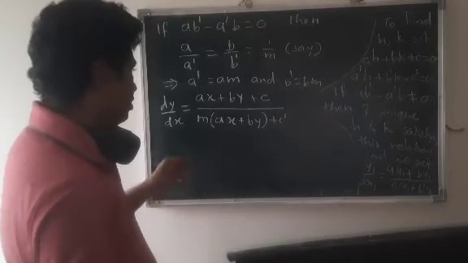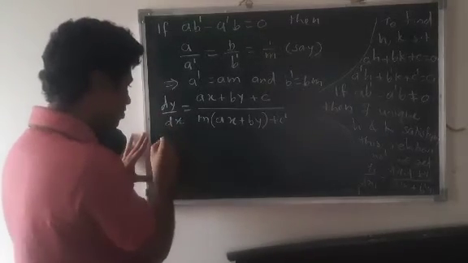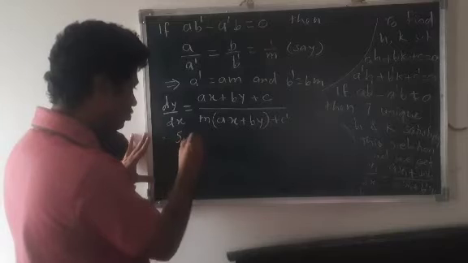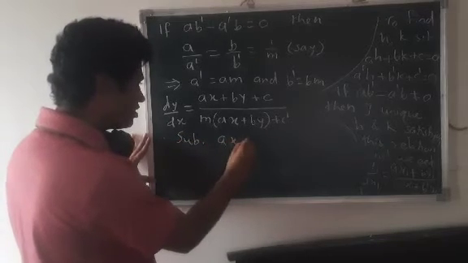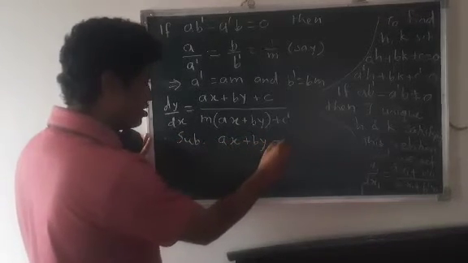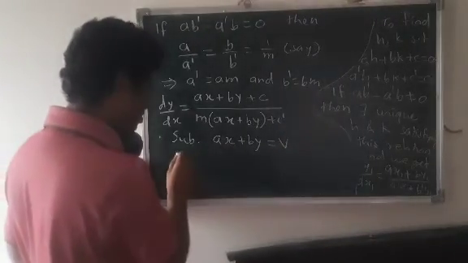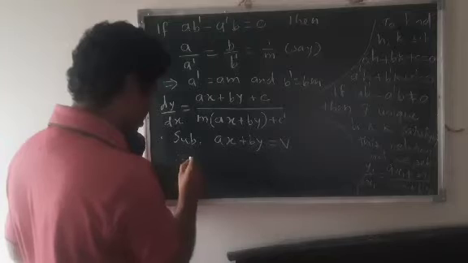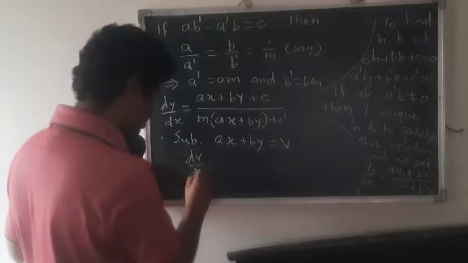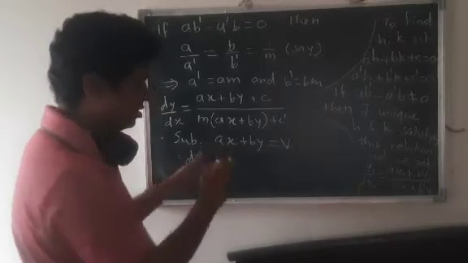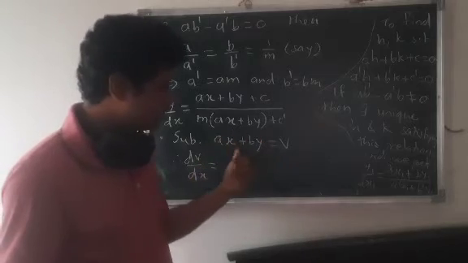Okay, now in the next step we substitute ax plus by as v, therefore dv by dx is the differentiation of this with respect to x.